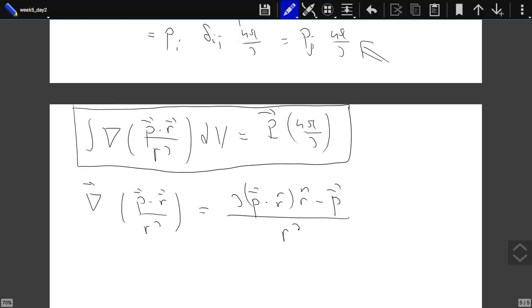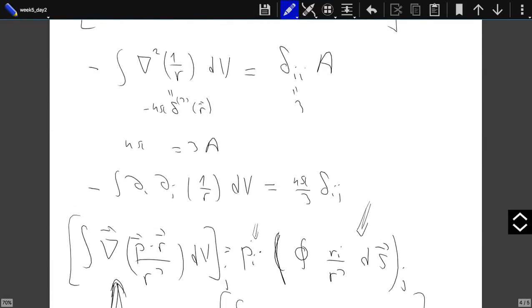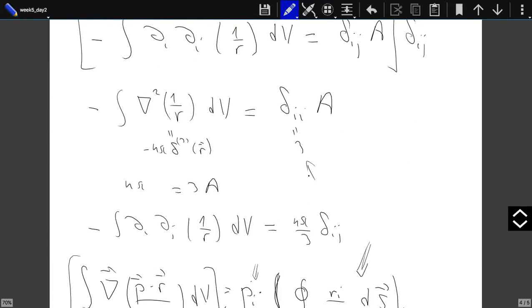But that is, unless i and j are equal, that is 0. So the only contribution will again be from xi equal to xj. So from the Kronecker delta ii, you will have the 3. So the coefficient will have that 1 over 3 factor, just like over here. We will have the over 3.